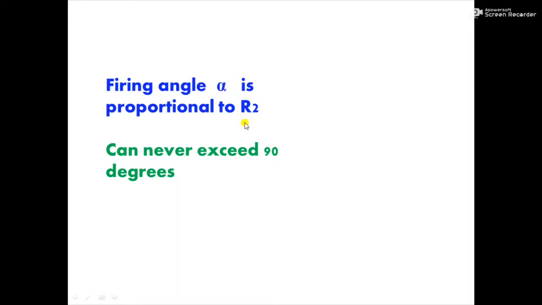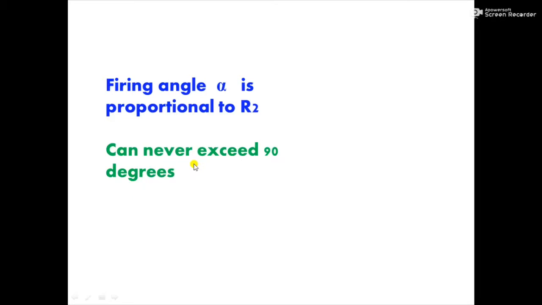Whereas in the third case, where VGP is greater than VGT, which is what we have just seen, alpha is less than 90 degrees. Also, alpha can never exceed 90 degrees.